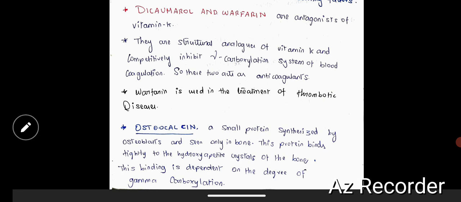So this protein is necessary for the bone, and how much gamma carboxylation happens equals the synthesis and binding of osteocalcin to the hydroxyapatite crystals of the bone.